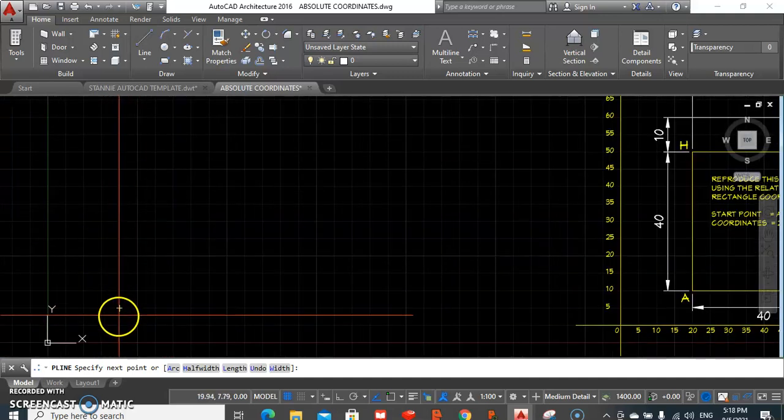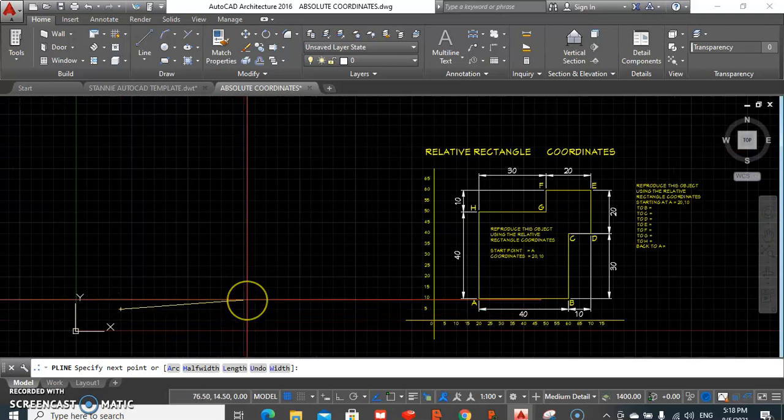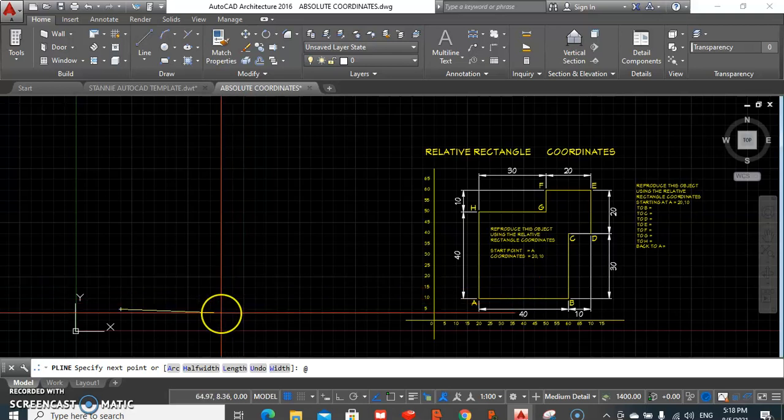In relation to A, however, point B is at, and that's a thing in the relative coordinate system. To indicate that you are measuring from your last point, the symbol @ has to begin the command. And so it is @40 in our x direction.